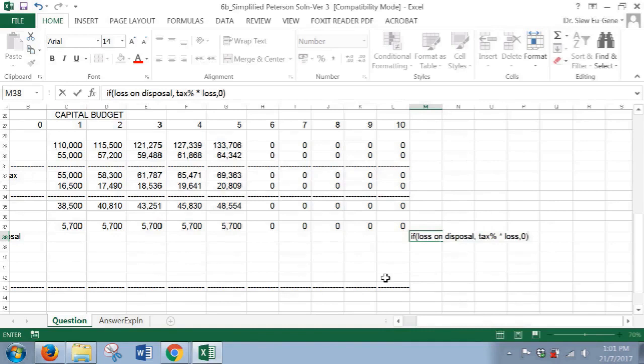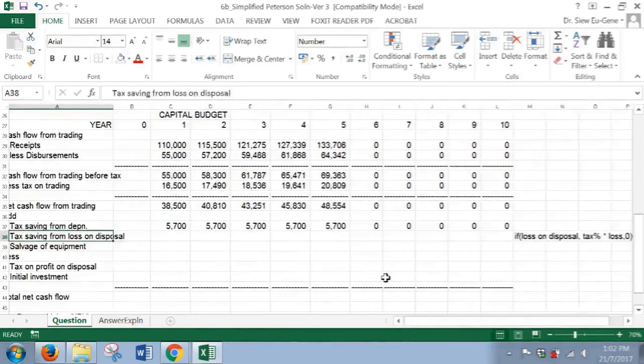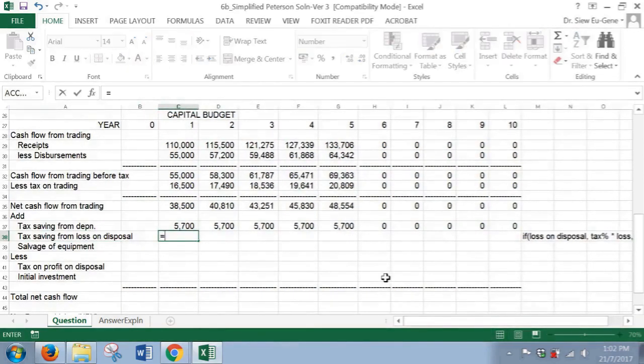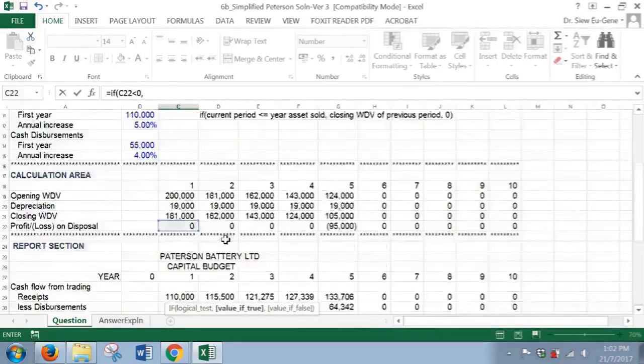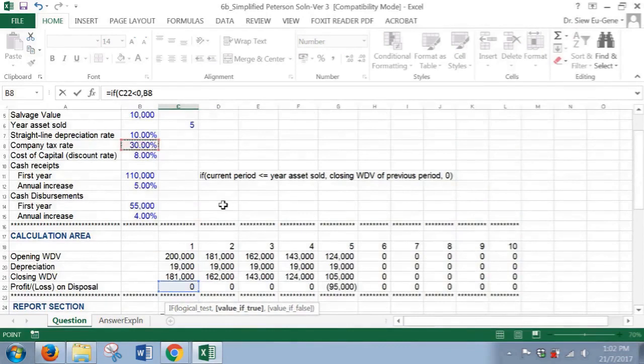Now I'm going to purposely make an error here, and then I will explain why this error happened. All right, this error happens because of the structure of our model. Okay, I'll do this first, and then I'll illustrate how you correct this error. Right, so if there's a loss here, if C22 is less than 0, I'm making a loss, then I have to pay a tax.